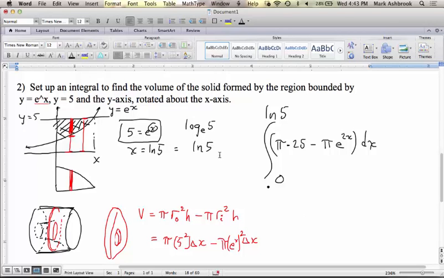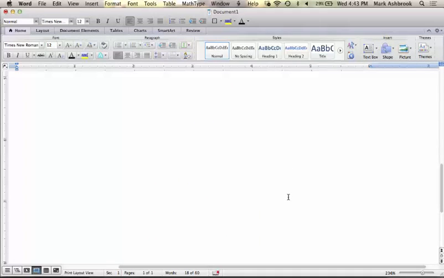Okay, so we're going to keep doing more solids. This is still some stuff from 7.2. So instead of doing solids by revolution, there's another way to form solids, and so let's see an example of that.